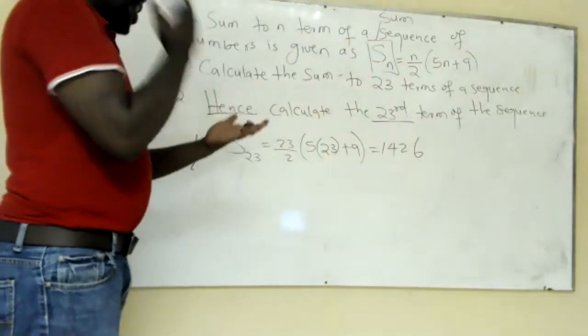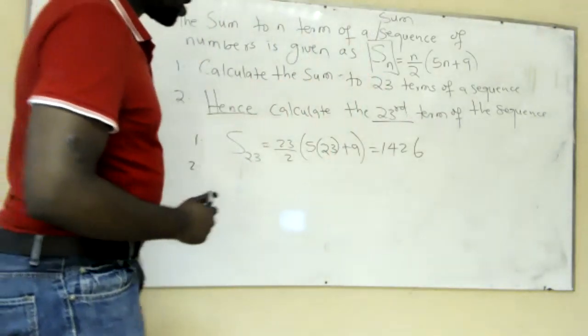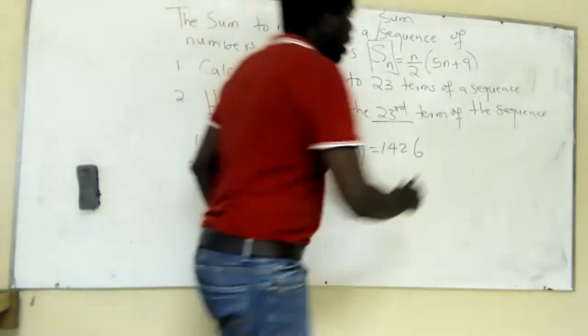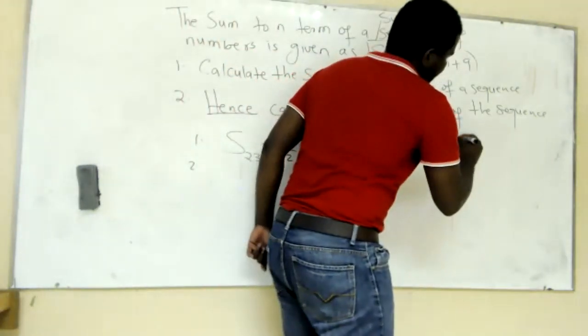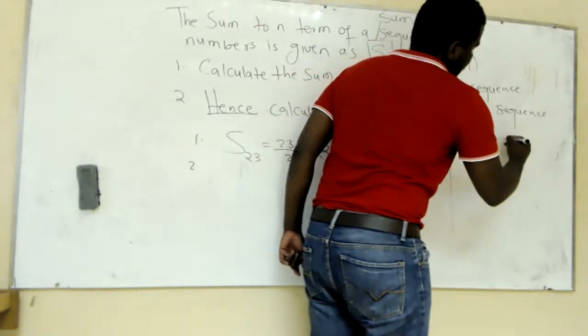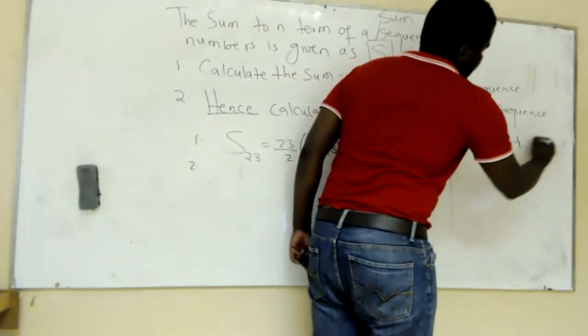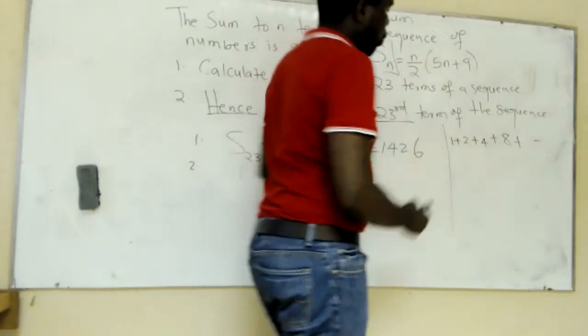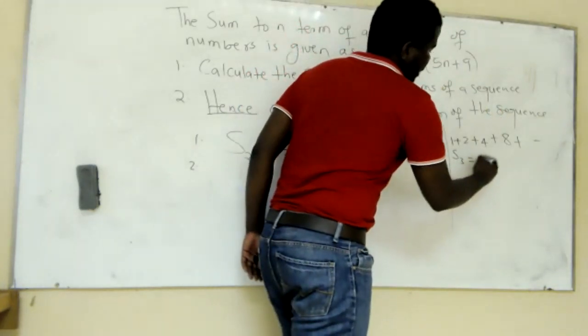Now we are looking for exactly the term on the 23rd position. Let me give you again an example of the previous sequence, because it is simple to deal with. We obtained the sum of 3 terms as 7.